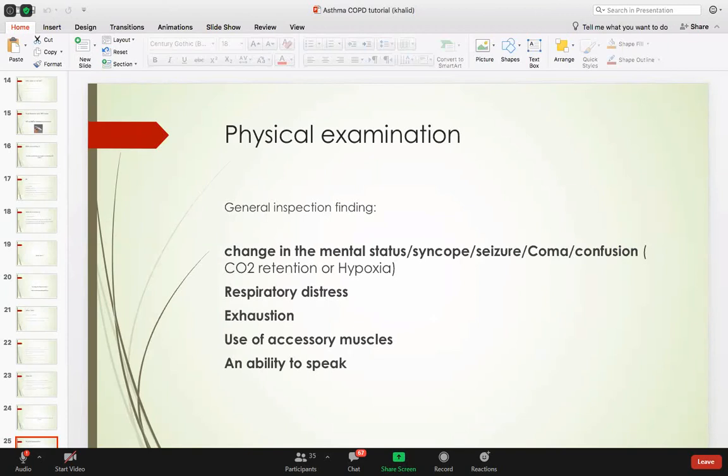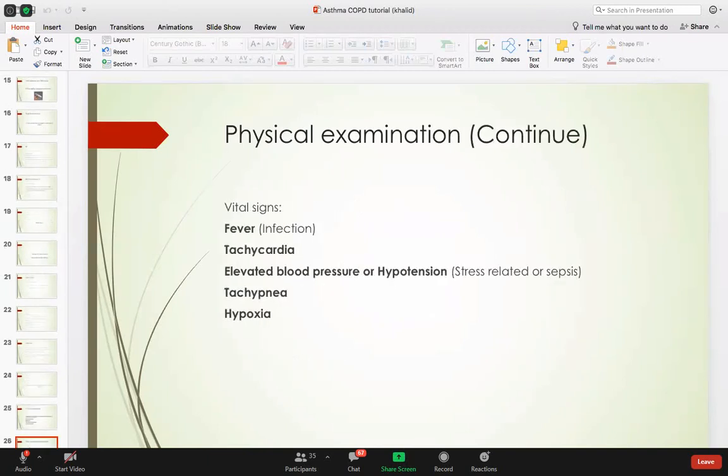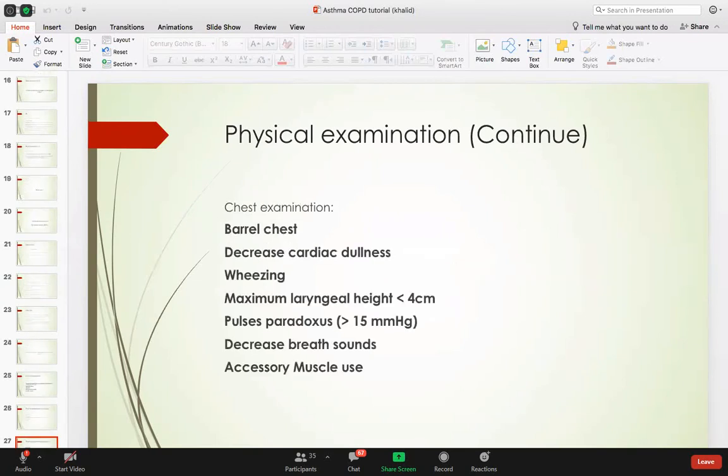Use of accessory muscles, inability to speak. Vital signs, you may see fever, tachycardia, elevated blood pressure or hypotension, whether from stress or from sepsis, tachypnea, hypoxia. All of these are vital sign abnormalities you may expect in someone with COPD exacerbation.